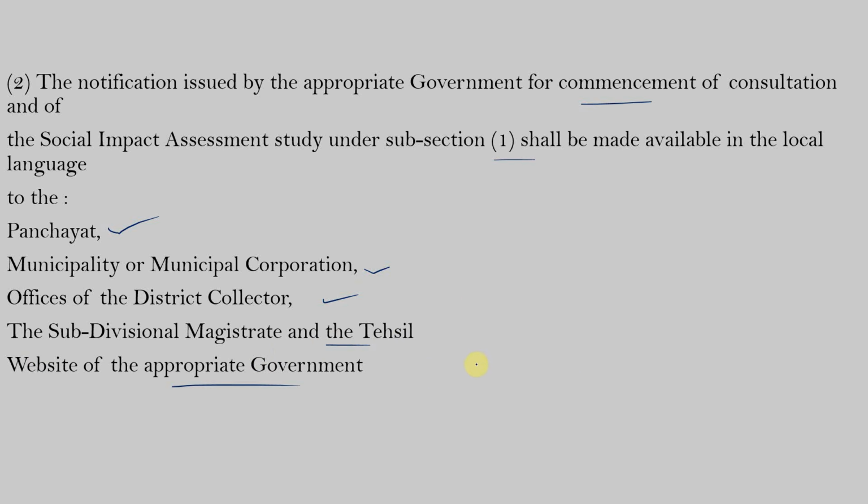So, the government shall make it available through all possible ways to let the public know that it is going to acquire the land for some public purpose and it is going to conduct a social impact assessment for the same. It is necessary that it be made available in the local language of that region so that the people and authorities can make any objections or suggestions to the government in the process of acquiring the land. Now let us understand what is taken into consideration by the social impact assessment.